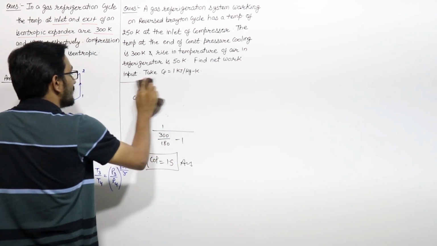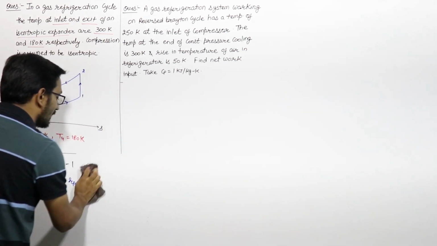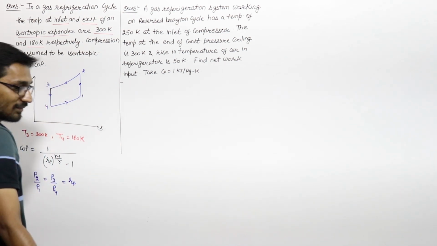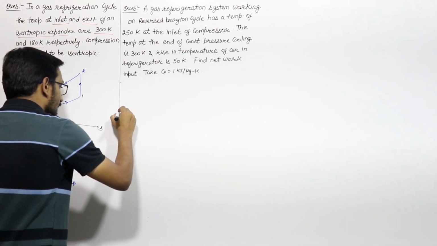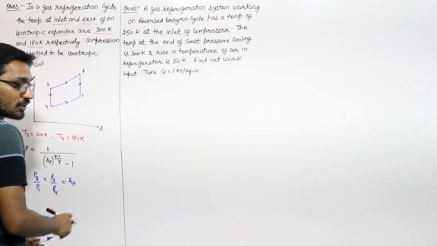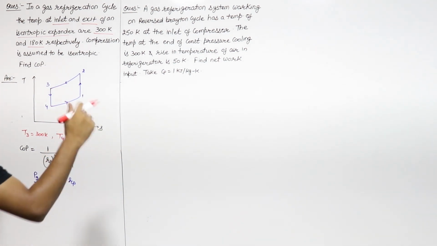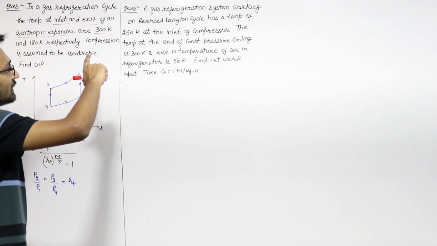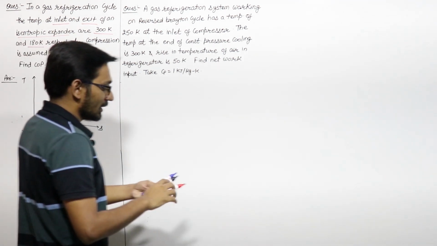Next, this second question is a good question on the Brayton cycle. That too a basic question, but okay. Let us solve this second question. The statement says that a gas refrigeration system working on a reversed Brayton cycle has a temperature of 250 Kelvin at the inlet of the compressor.